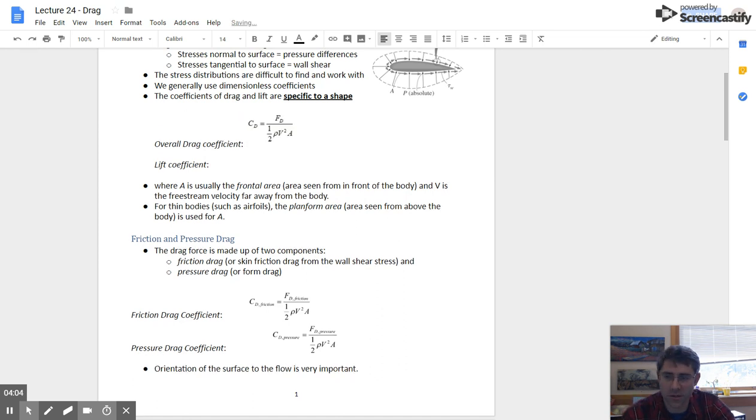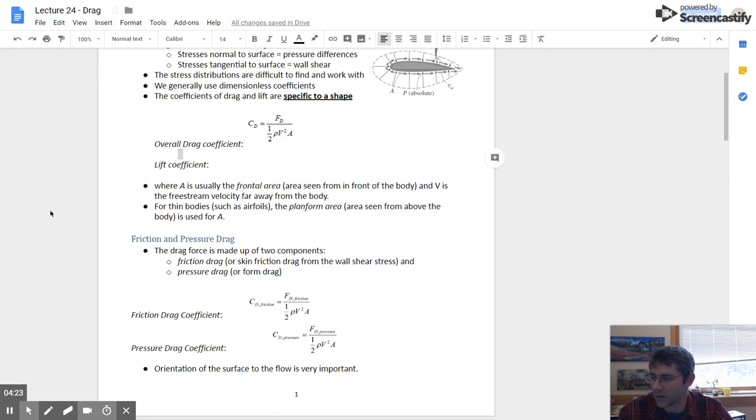Defined this way. So C sub D is the drag coefficient, and that's equal to the force of drag, F sub D, over 1/2 times rho, the density, times V squared times A. We'll talk a minute about what that A is.